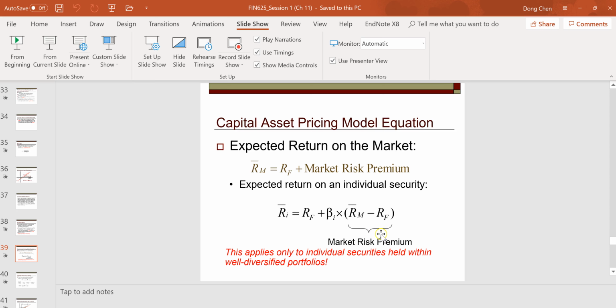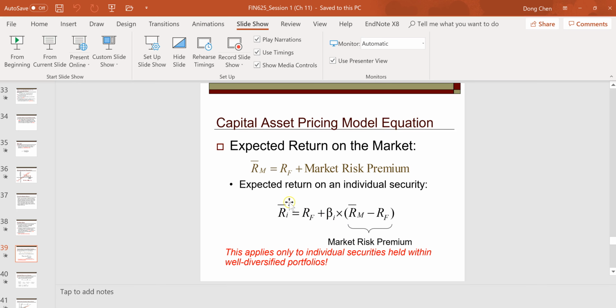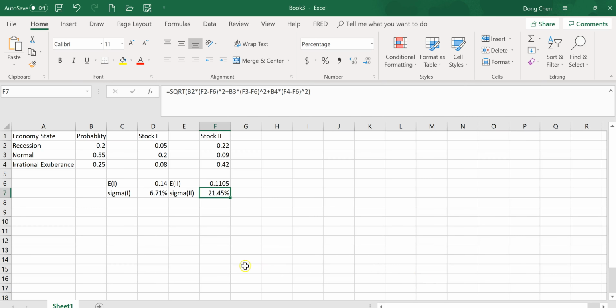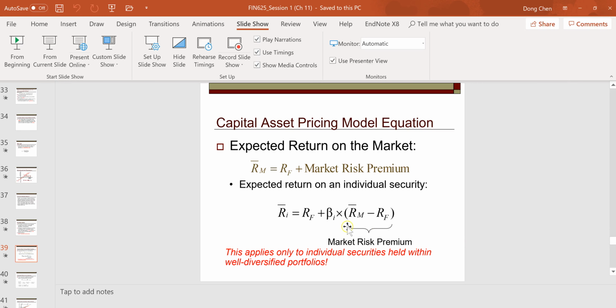The market risk premium and the risk-free rate are given, and the expected return we just calculated for stock 1 is 14%, 0.14, and for stock 2 it's 0.1105. So based on this equation we can solve for beta.